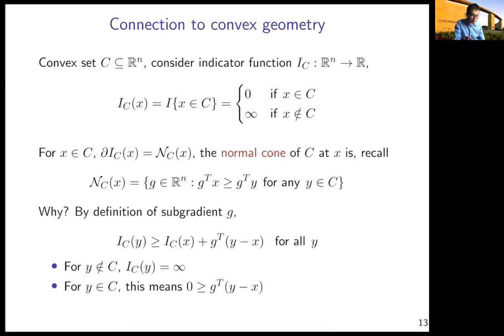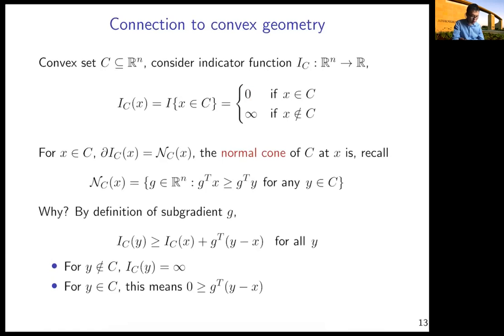And we've seen that the indicator function is closely related to the concept of a normal cone of a convex set C. It turns out that if you evaluate the subgradient of the indicator function, you end up getting the normal cone. So that's how there's an interesting connection between the indicator function and the normal cone that we've seen before.